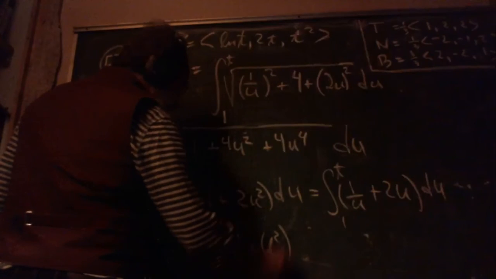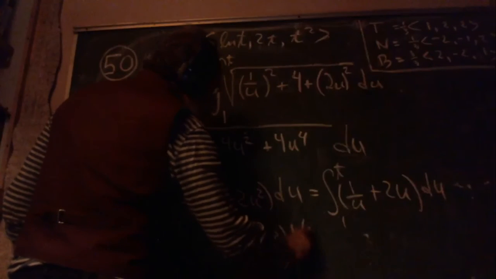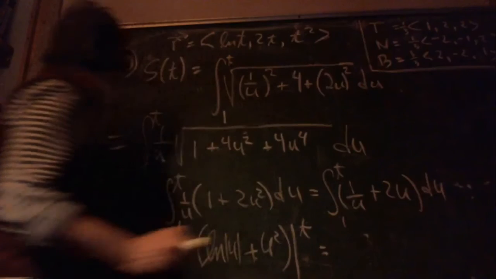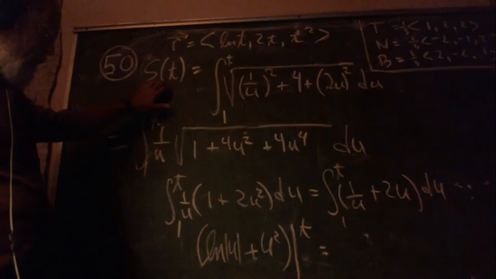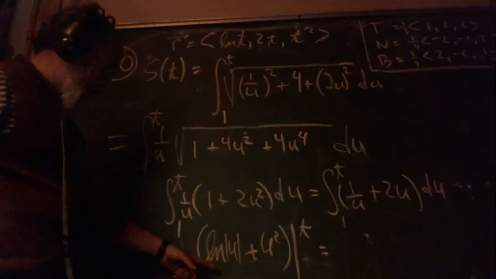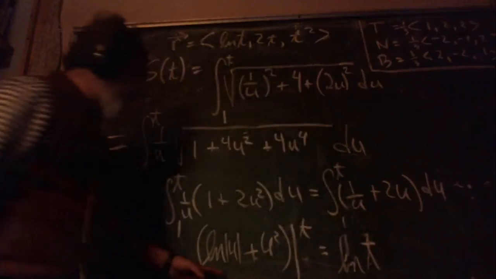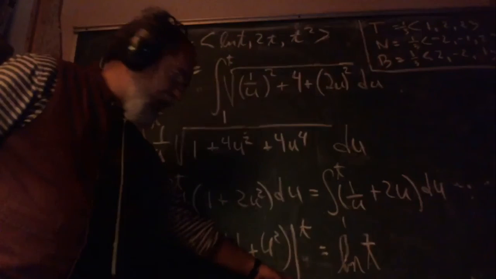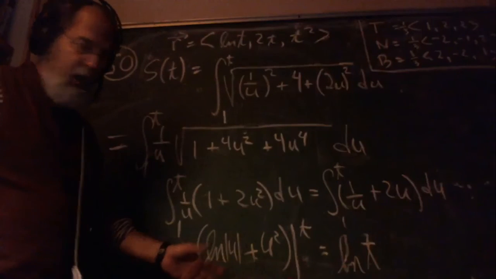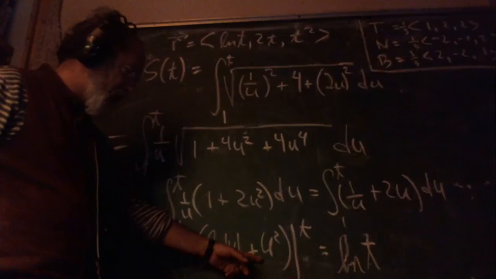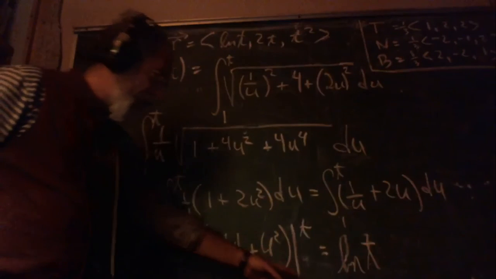And these two are evaluated from 1 to t. So my arc length formula is going to be natural log of t minus natural log of 1, which is 0. So that's gone. I'm going to write that down. Plus t squared minus 1.